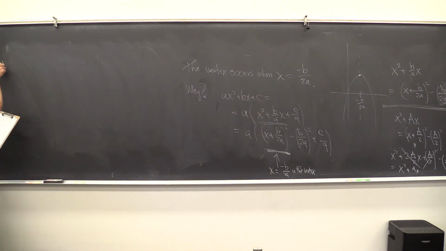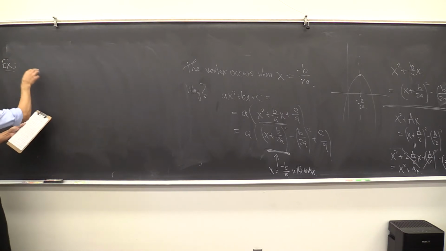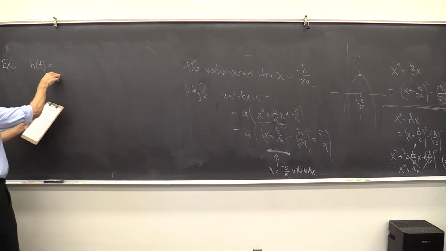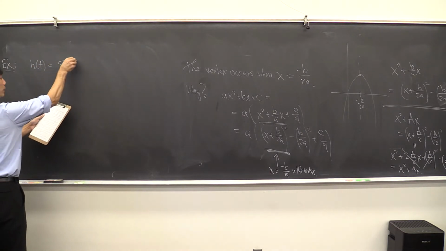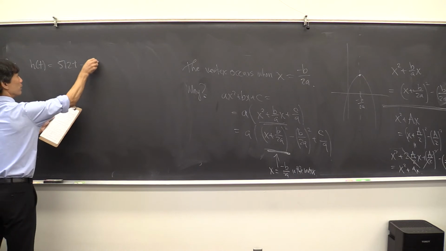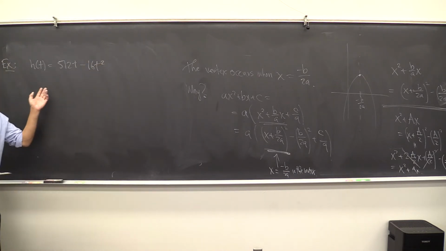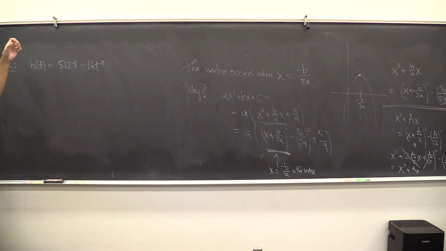So here's a simple example. The height of some object is given as 512t minus 16t squared. So this is something that's been thrown into the air, and gravity is working on it.